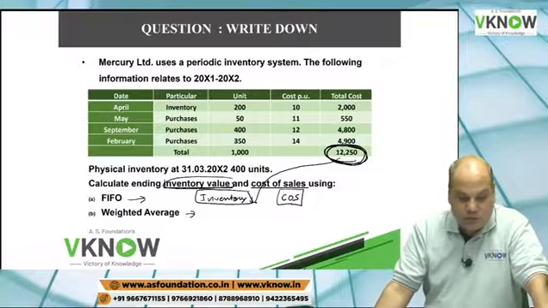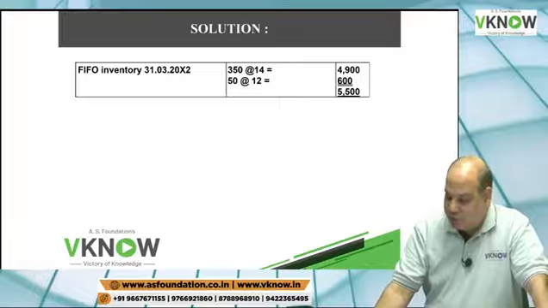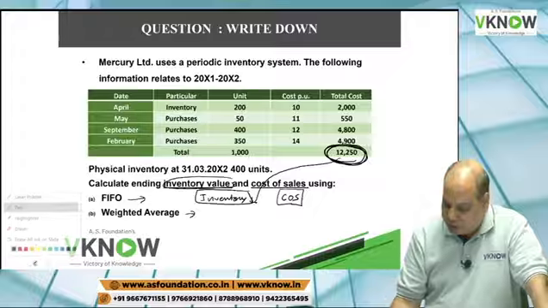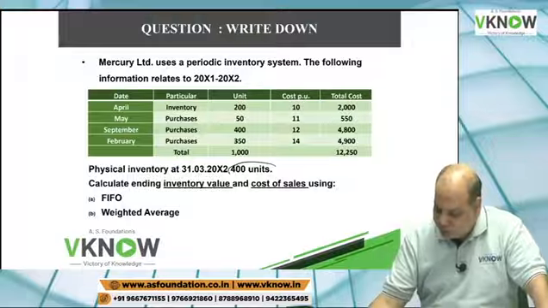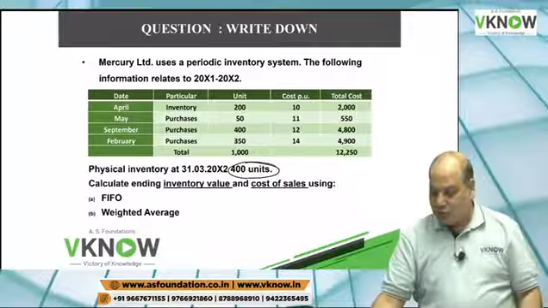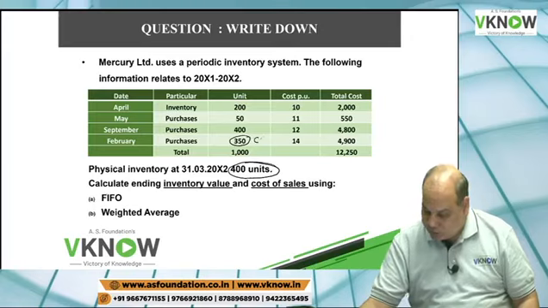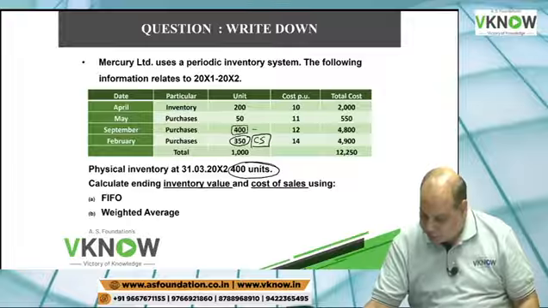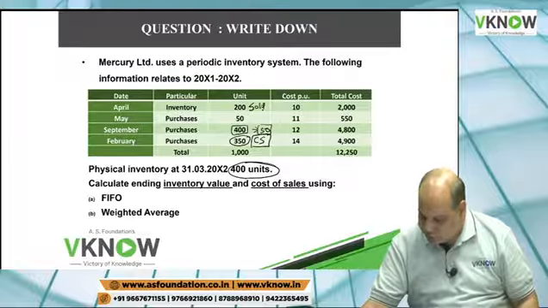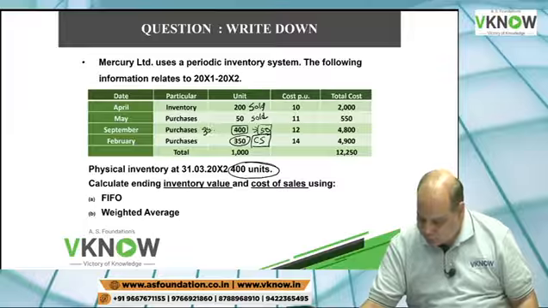Okay, let me try now. You have tried enough. So first you write down FIFO inventory. I need to explain. Closing stock is 400. So it means this 350 is in the closing stock, and out of this 400, 50 is in the closing stock. This is sold, this is sold, and 350 units sold here.